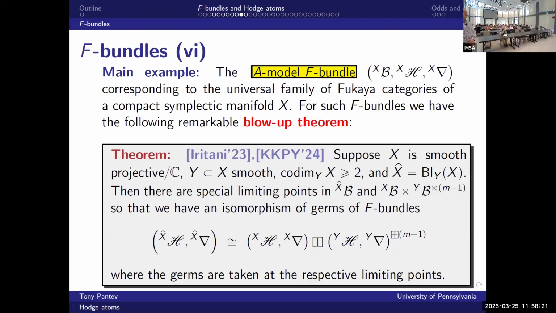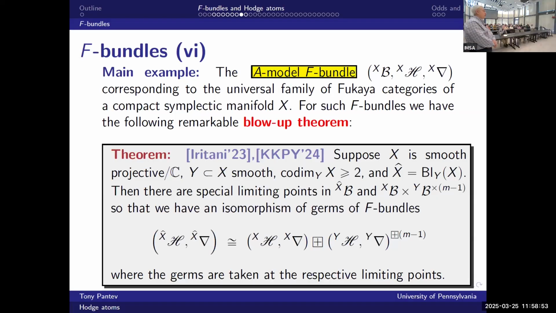And now we have this really remarkable theorem which says that if you take a smooth projective variety, you blow it up in something of codimension at least 2, which is smooth, then the base of the Frobenius manifold actually splits. As we know, the homology of the blowup splits, so it's the same splitting, just you need to put the estimates in the correct places in there. And then we have an isomorphism of these A model F bundles.